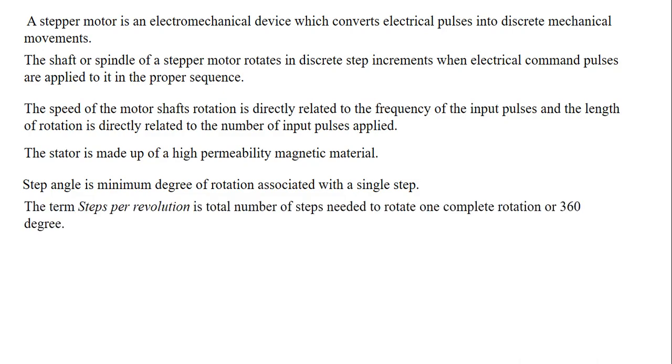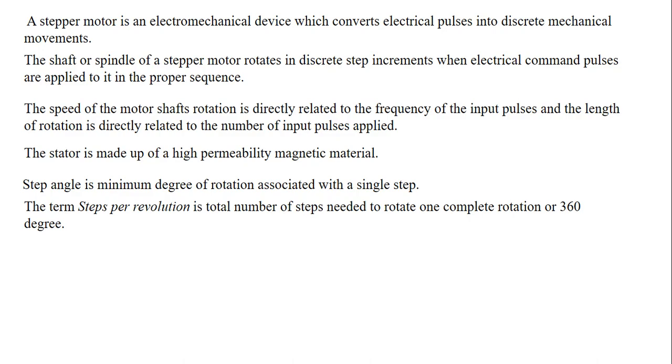The term steps per revolution is the total number of steps needed to complete one rotation. Step angle means the minimum step taken by the rotor to rotate from one pole to another pole. So how many steps will it take to complete one revolution?